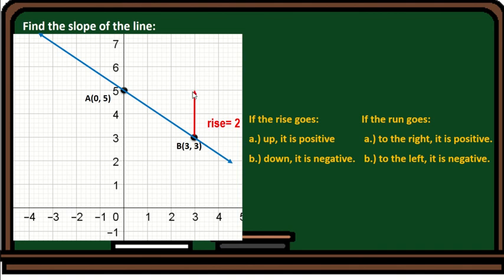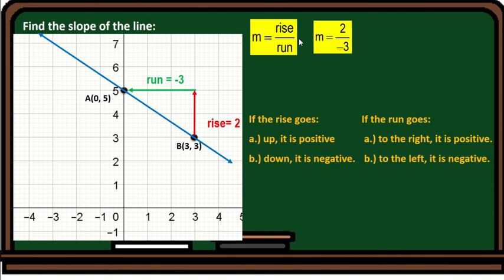And then, from this point, pupunta naman kayo ng left side kasi nasa left side na naman ang inyong second point. So, count kayo for your run, 1, 2, and 3. This time, your run na naman ang nagiging negative since papunta kayong left. So, your rise over run or your slope will be equal to 2 over negative 3, which is also equal to negative 2 over 3 since one of them is a negative number.